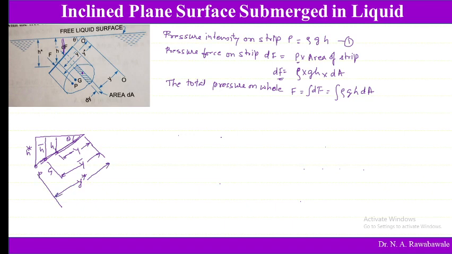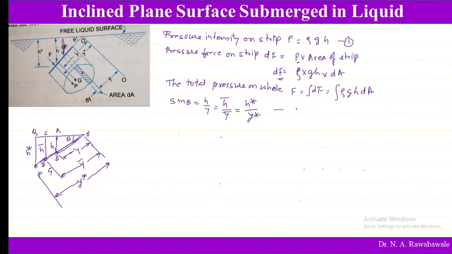So if we find sine theta in all these three triangles, say for example triangle ABO, CDO, then PQO. In these three triangles, sine theta is equal to h by y, which is equal to h bar divided by y bar, which is equal to h star divided by y star.